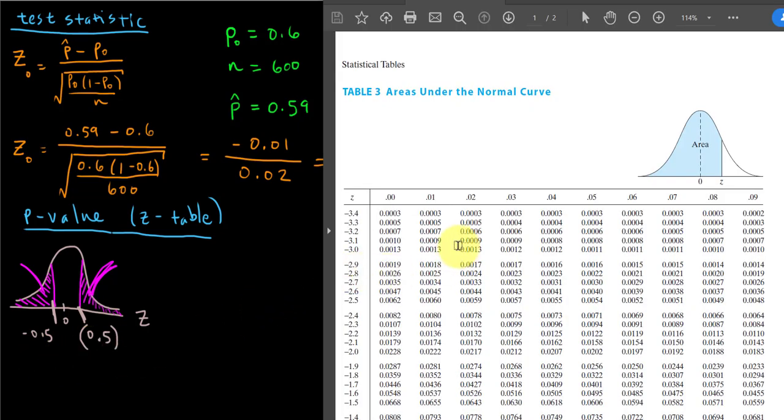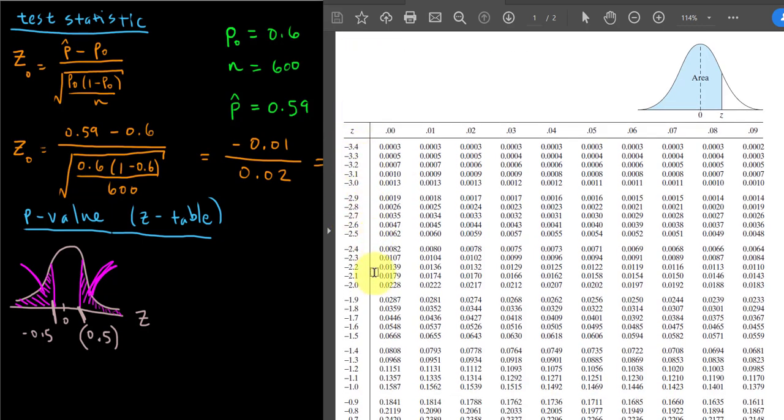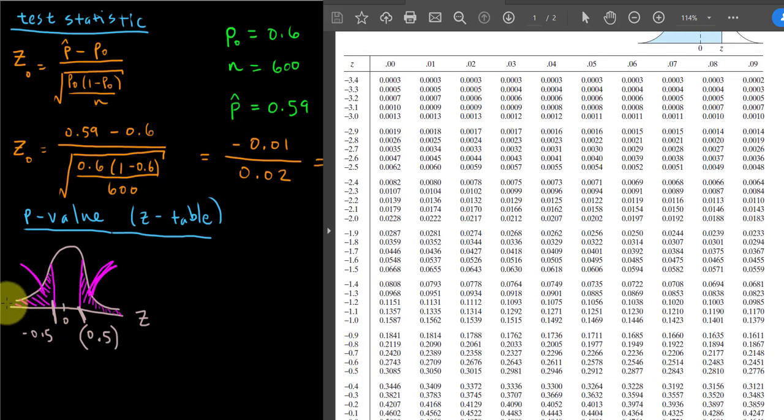Okay, I have acquired my z-table here, and I'm going to look up in this first column for negative 0.5. Here it is, negative 0.5. Now there is no second decimal place value there, right? So I want to stick to the first column here that says 0.00. The intersection of this row and that column is 0.3085. So that is our answer for one of these areas in these tails.